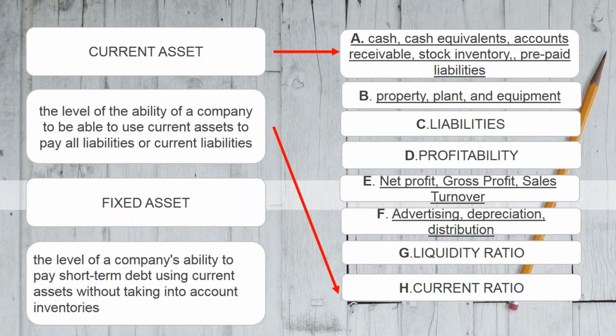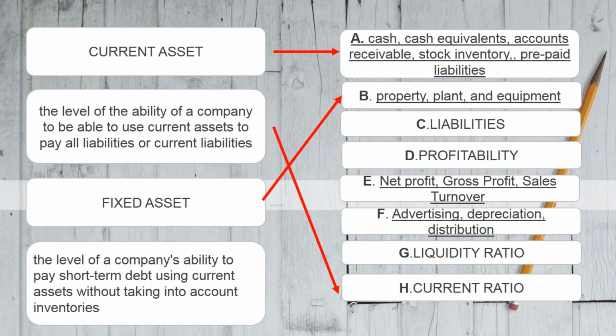I think fixed assets are all of the assets that we can use for more than one year. So it is B. Yes, it's B, property, plant, and equipment.